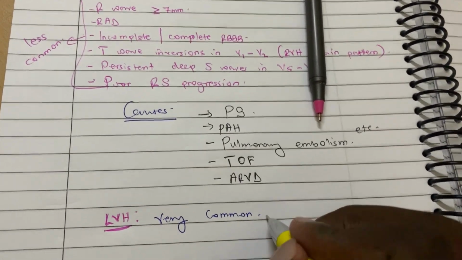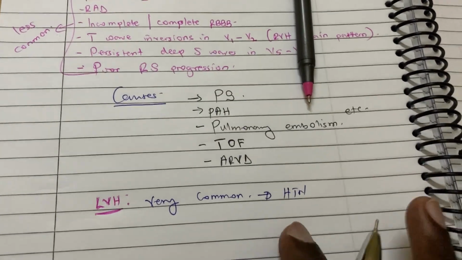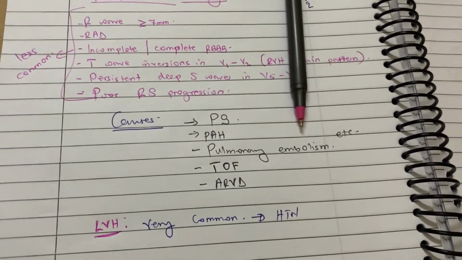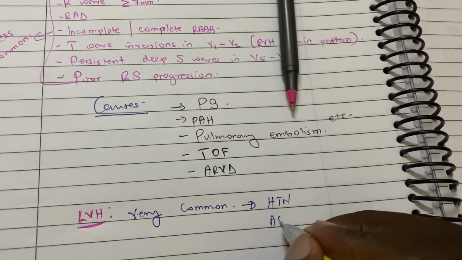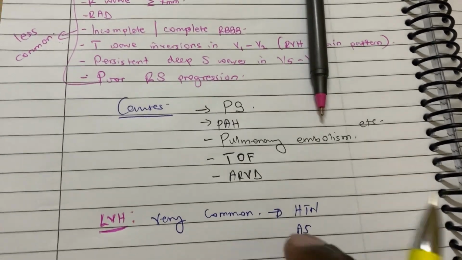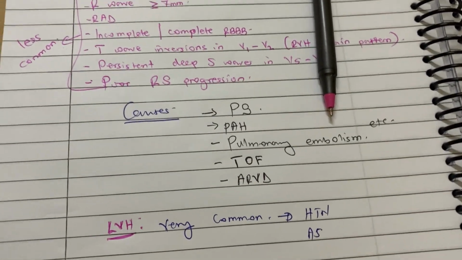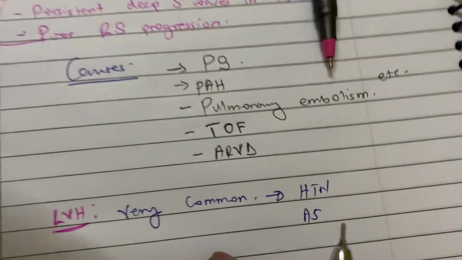Why? Because the most common cause is hypertension, and most patients are hypertensive. And the other causes are AS and AR, which are common. So you have to be careful with this one.